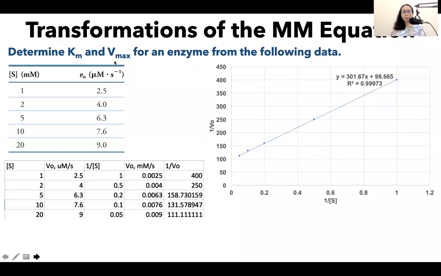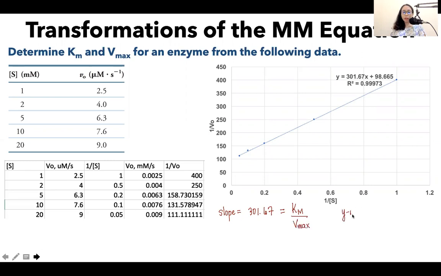Again, the slope of our plot is equal to 301.67, and this is equal to Km over Vmax.